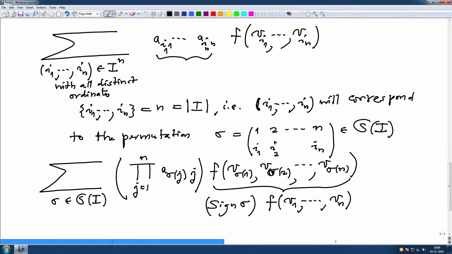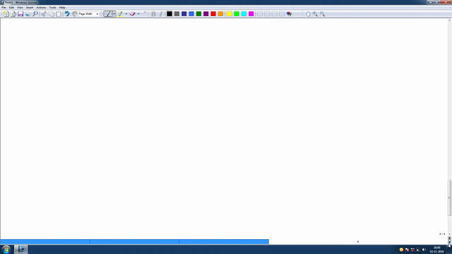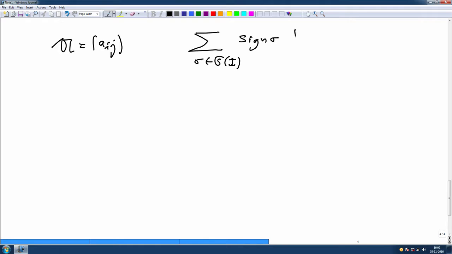So, that tells us that this coefficient, if you call this matrix A to be a ij, then the summation running over permutations sigma of I, sign sigma times this product over j in I of a sigma j j.